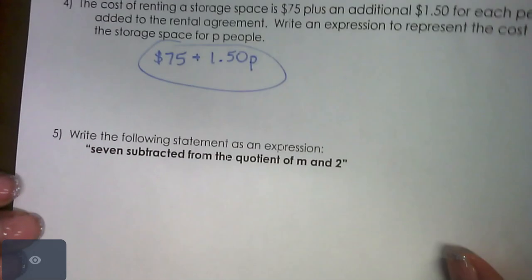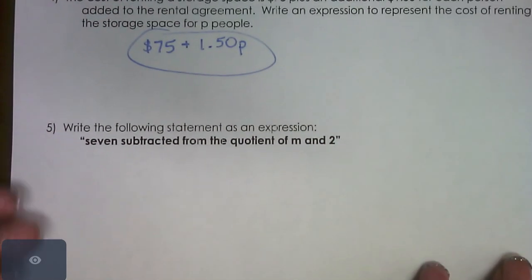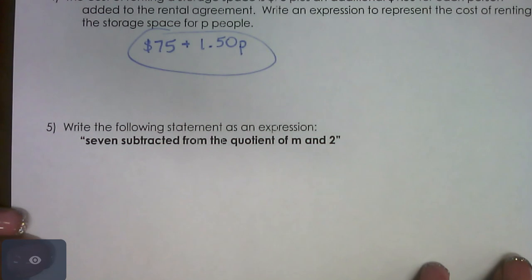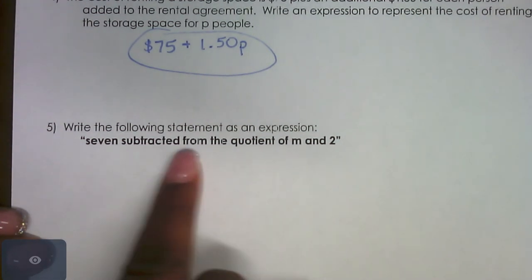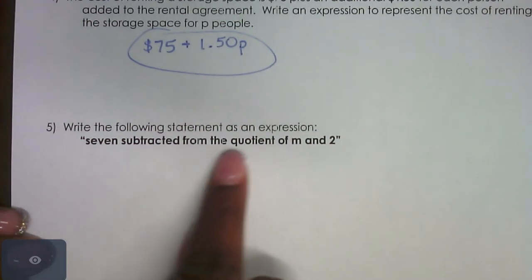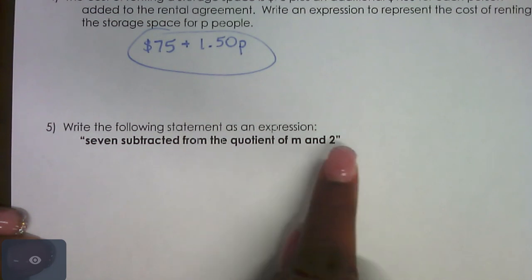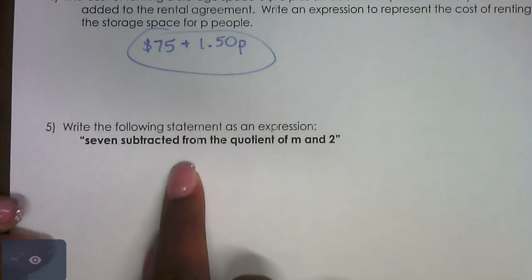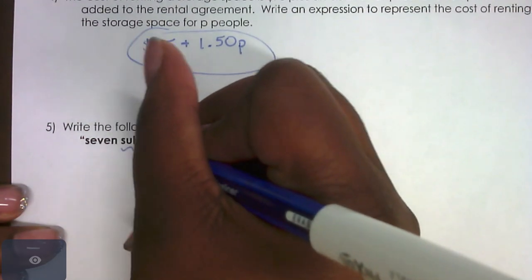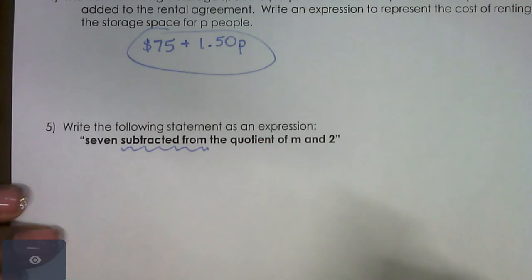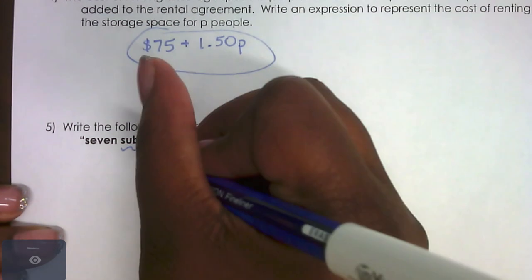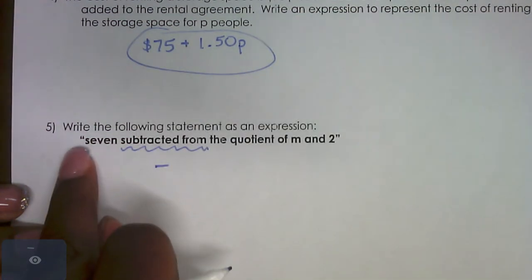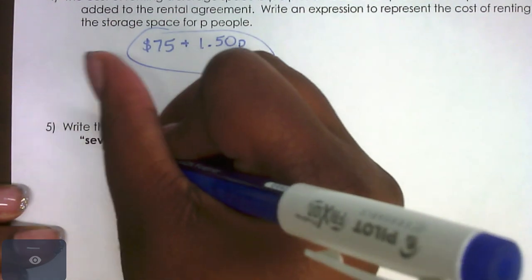Number 5, write the following statement as an expression. 7 subtracted from the quotient of m and 2. 7 subtracted from. Okay, so I see that subtracted from, this means that I have my subtraction, but it's saying it's being subtracted from it.